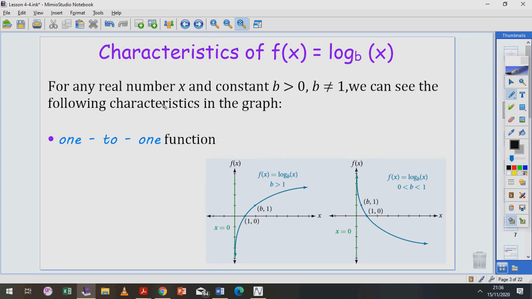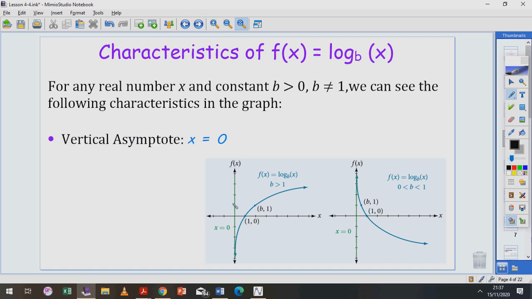Some characteristics of the graphs of f of x is equal to log of x to the base b. For any real number x and a constant b greater than 0, where b cannot be equal to 1, we can see the following characteristics of the graph. One, the graph is a 1-to-1 function, meaning one input to one output.